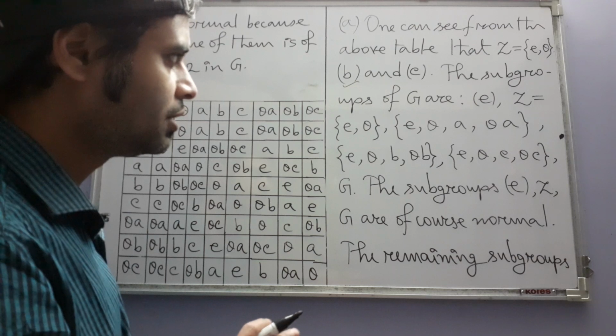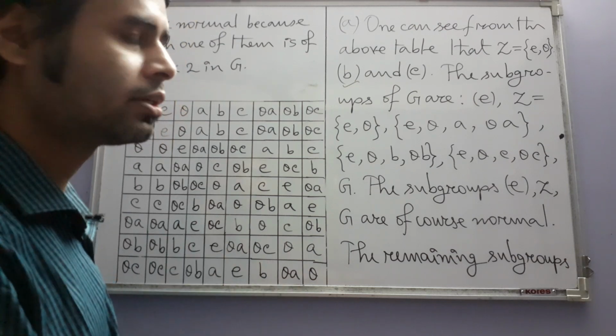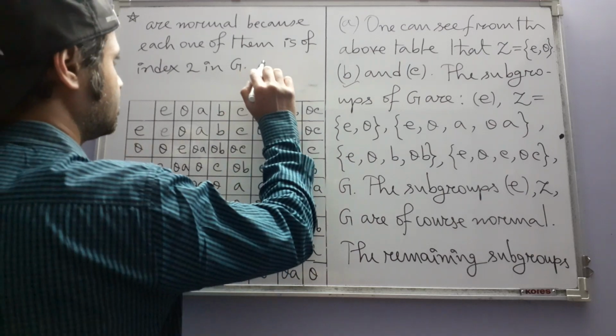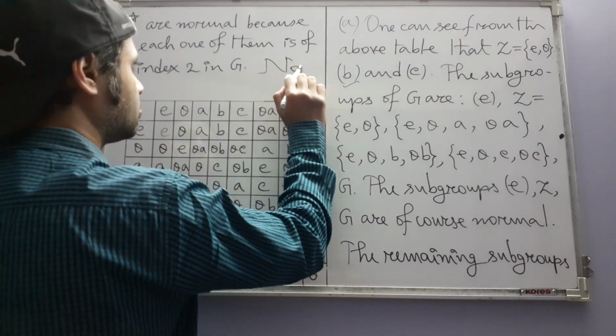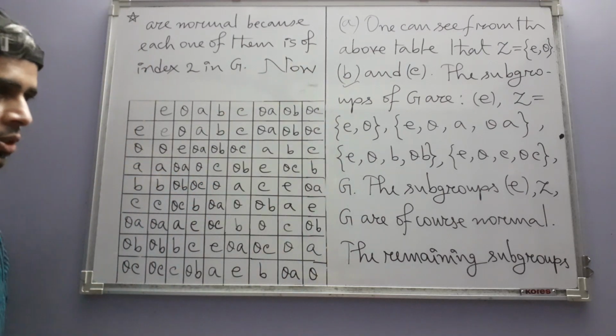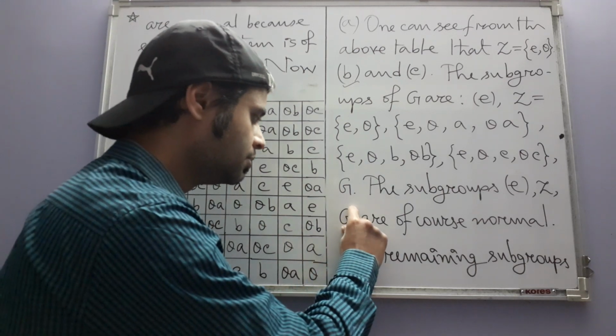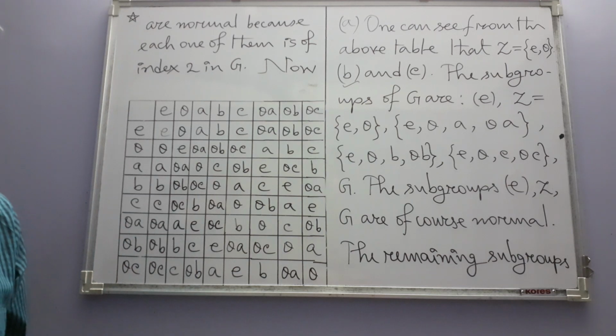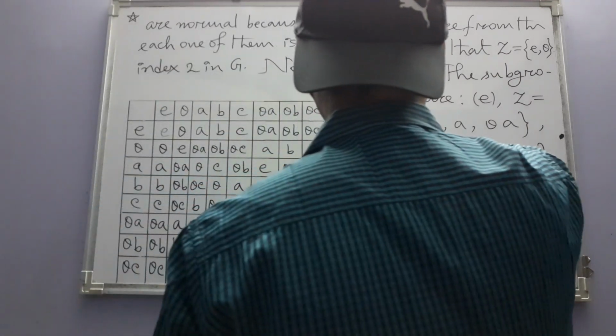Now in part B we are asked to find the commutator subgroup. For that, you consider the quotient of G by any one of these order 4 subgroups.